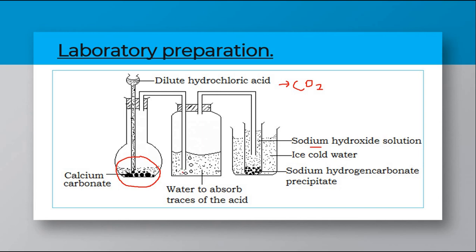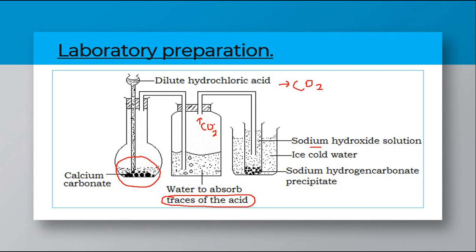So what do we do? We pass the gas through water so that the traces of the acid are absorbed in the water. Then from that wash bottle, we shall only have carbon dioxide going up, which is passed through sodium hydroxide solution.